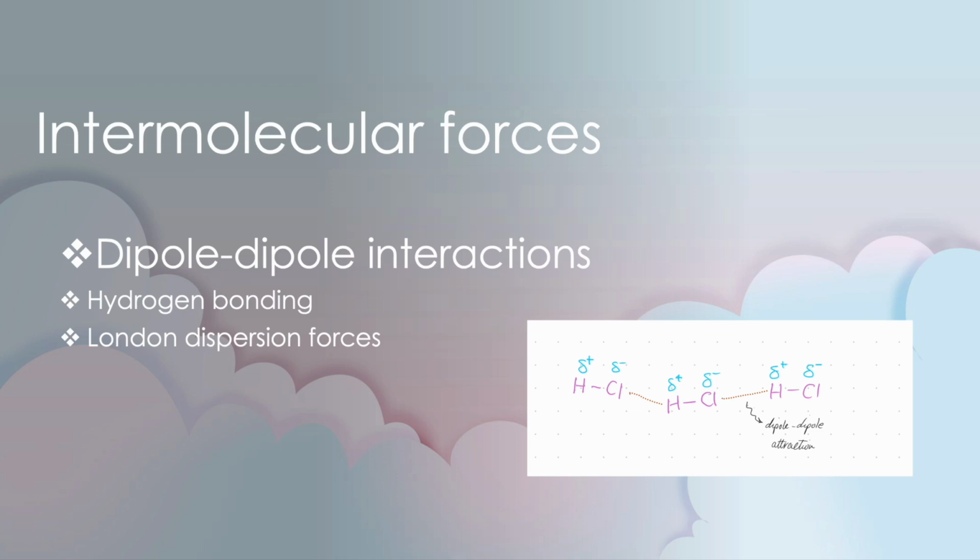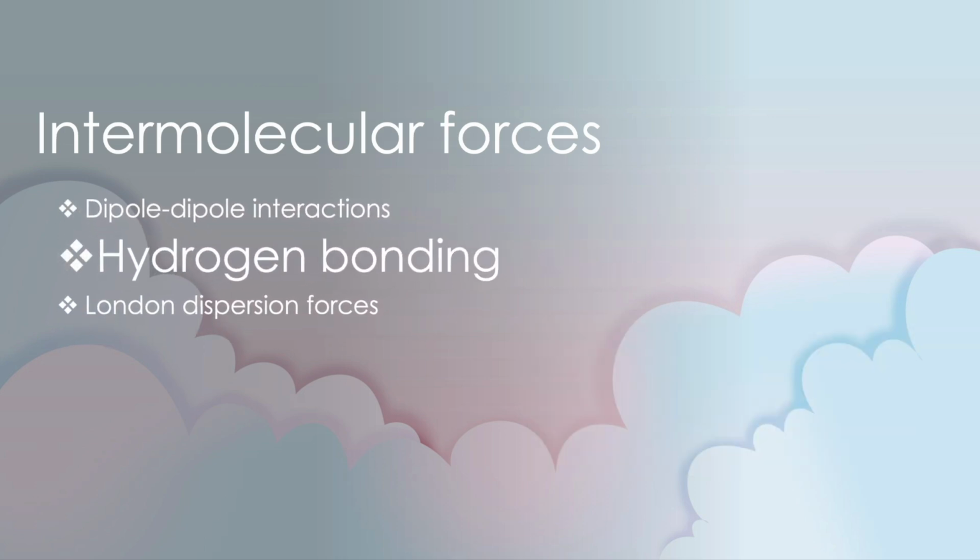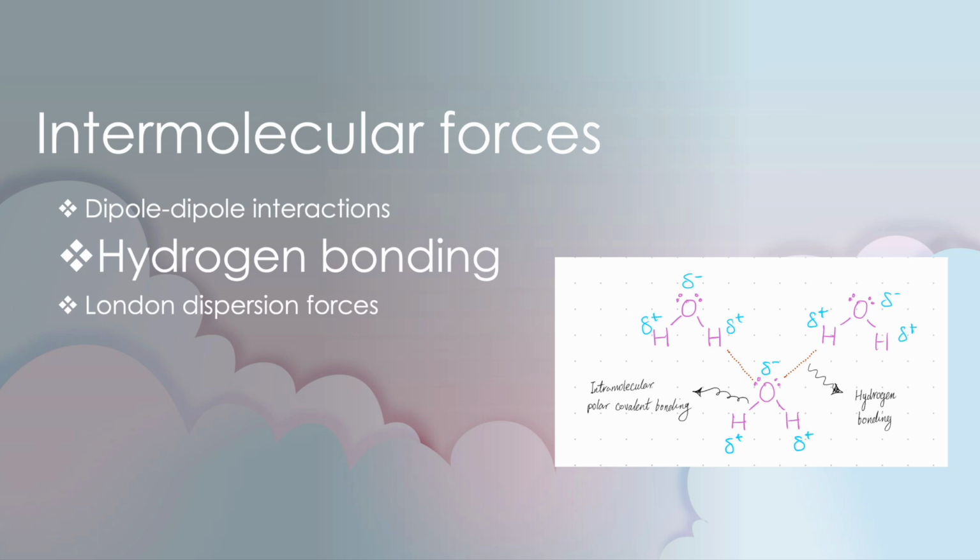The other one is hydrogen bonding. This is a kind of dipole-dipole interaction that occurs specifically between a hydrogen atom bonded to either an oxygen, nitrogen, or fluorine atom. Well, if you watched the first video, you know what this means. They are highly electronegative. Hydrogen bonding is a relatively strong force of attraction between molecules, and considerable energy is required to break those bonds.